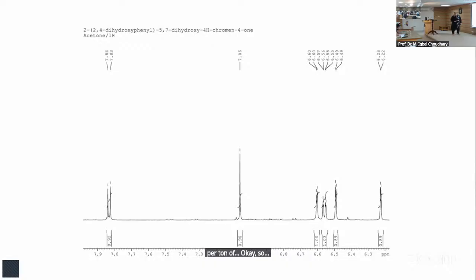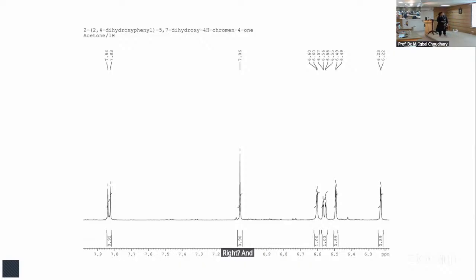So we were expecting 6 protons, right? And how many have arisen? 1, 2, 3, 4, 5, 6. So these are 6 protons. Now this you exactly know. It's a doublet of a doublet, right?